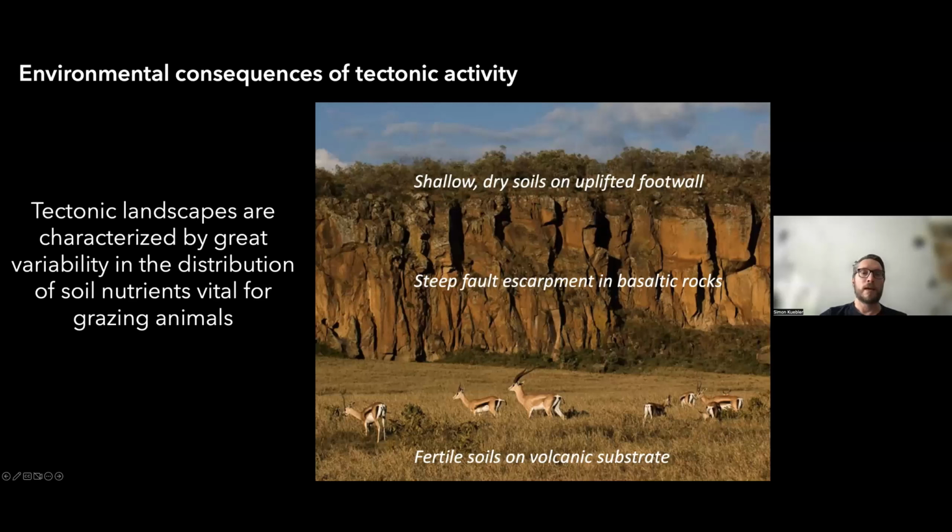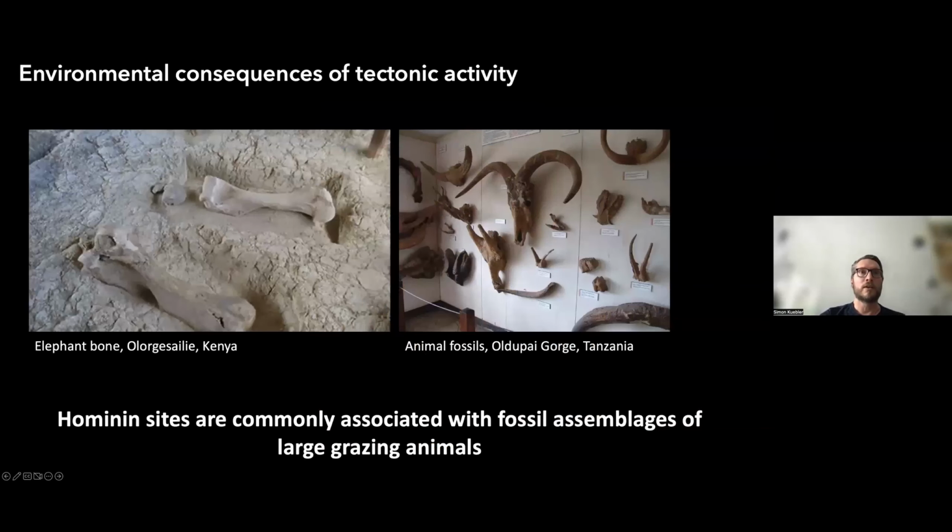And if you look at the longer term signal of these landscapes, you can also see that in hominin site excavation regions, you find lots of fossil remnants of grazing animals in an assemblage of early hominin sites within the Kenya Rift and other tectonically active regions.